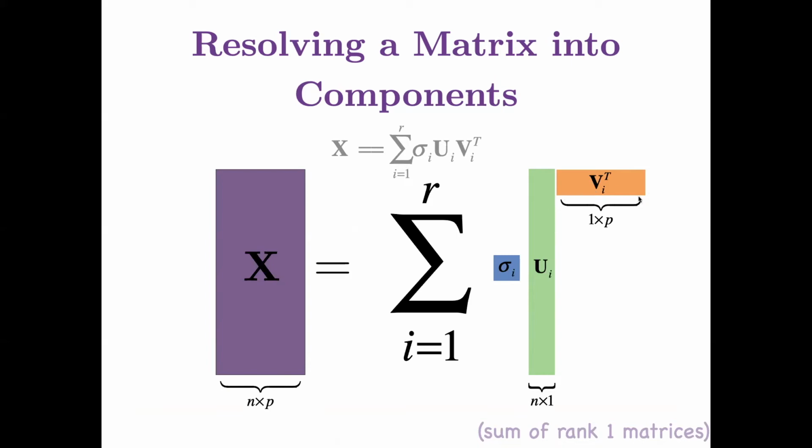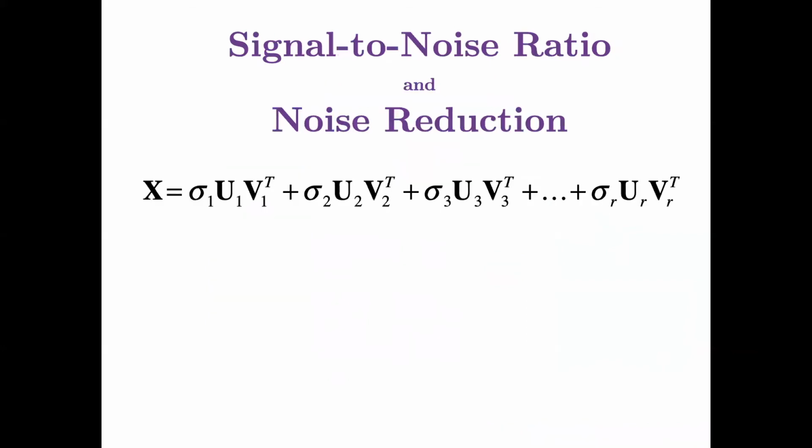Again, a column times a row is an n by p matrix. So this is the sum of n by p matrices. So the result will be n by p. And by using this sum, we can convince ourselves of this argument for noise reduction.